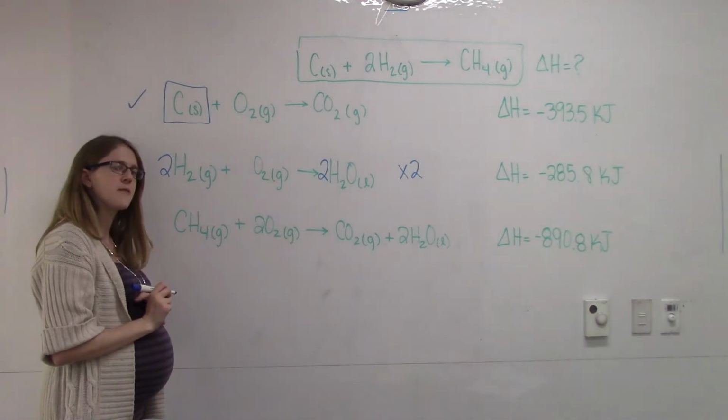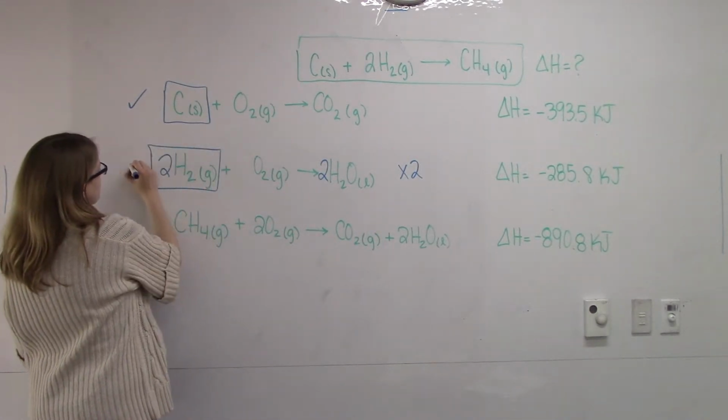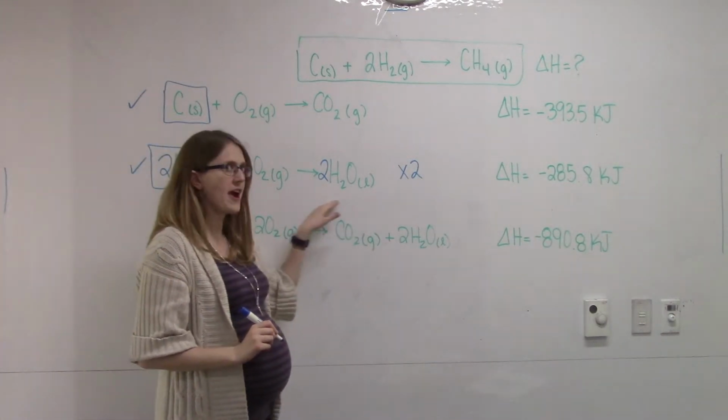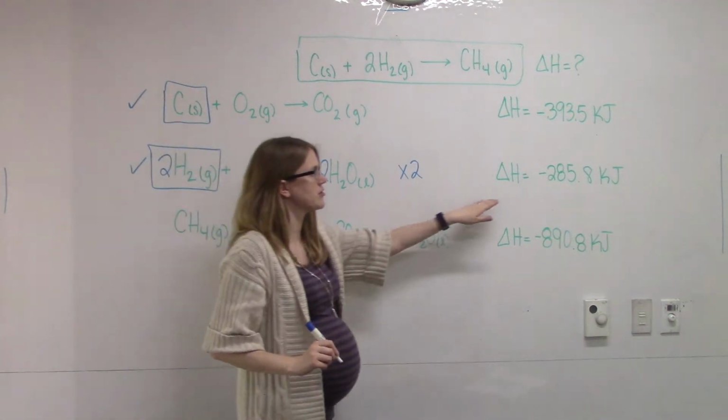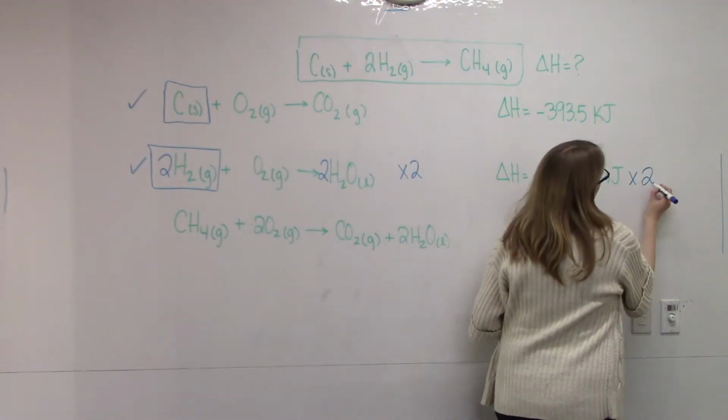You see what we did there? Now we are happy with this, so we don't want to mess with it, but let me talk about it. If we multiply this reaction by 2, do you remember what we also have to do to the enthalpy? We also have to multiply it by 2.